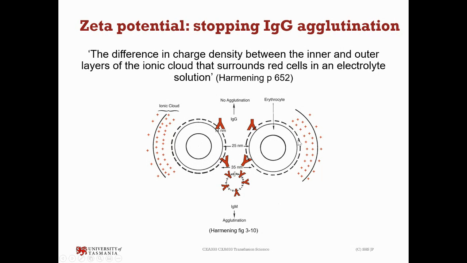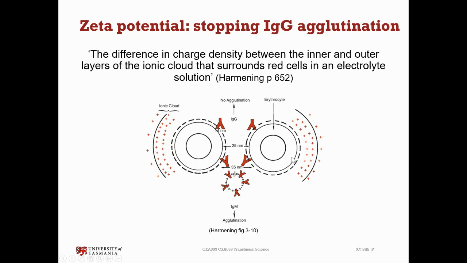So on the surface of our red cell, we have a number of what we call negatively charged proteins that have a lot of sialic acid residues in them, and it's the sialic acid residues that give the negative charge to the surface of the red cell.